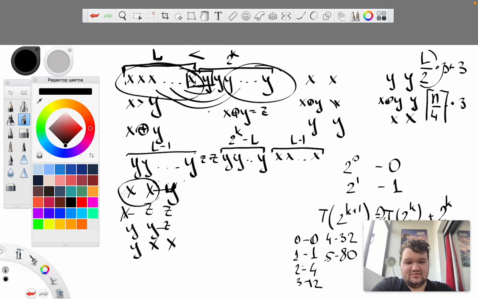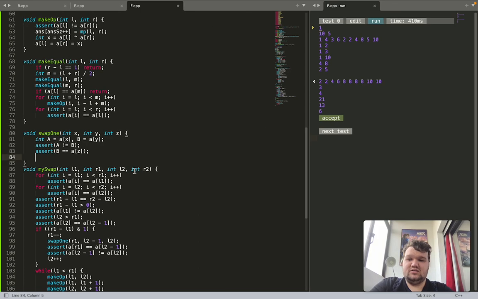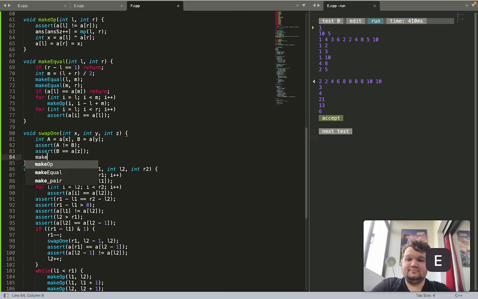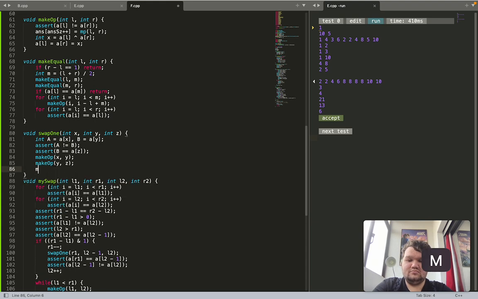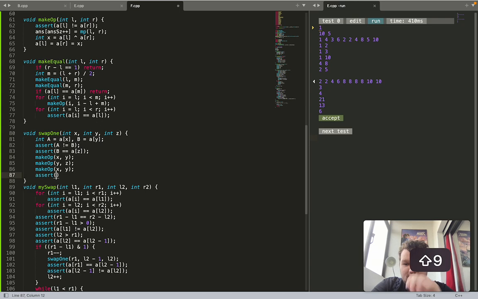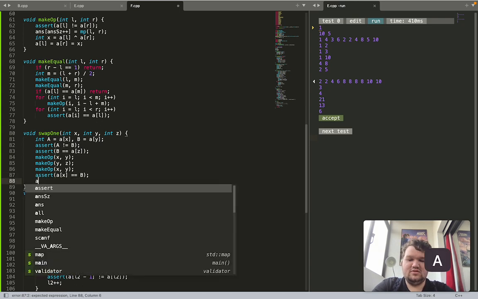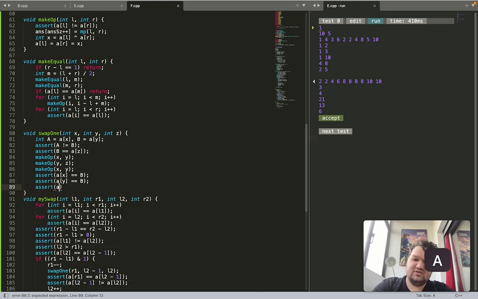So I make the operation on x and y, then y and z, and then x and y again. And after that, a of x should be b, a of y still b, but a of z a.